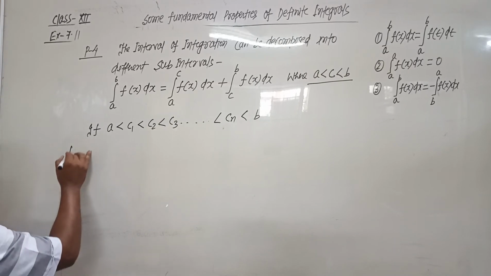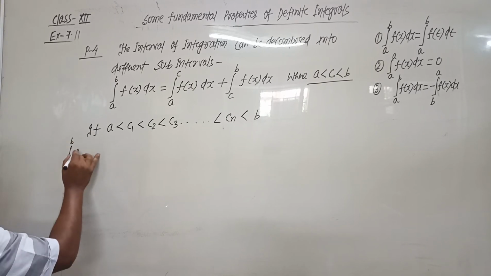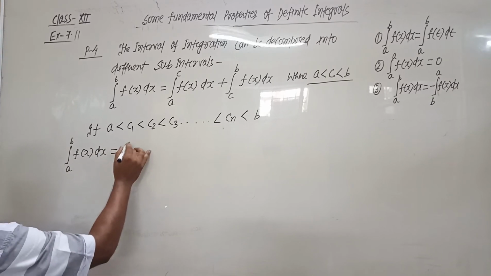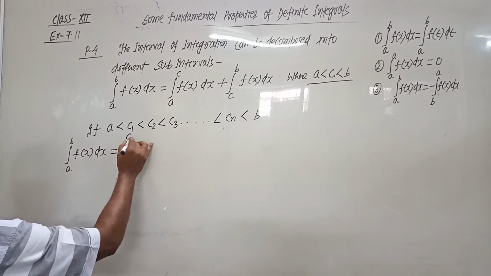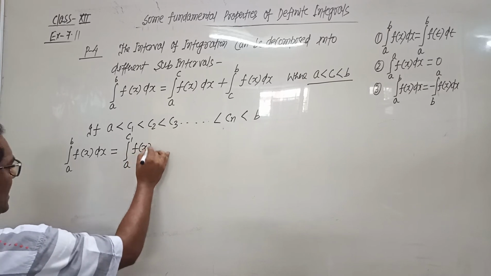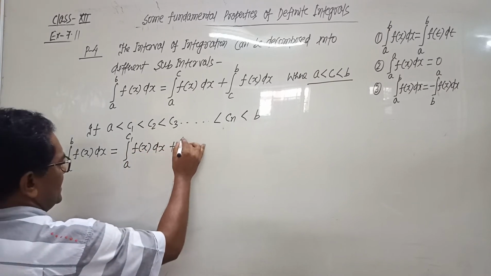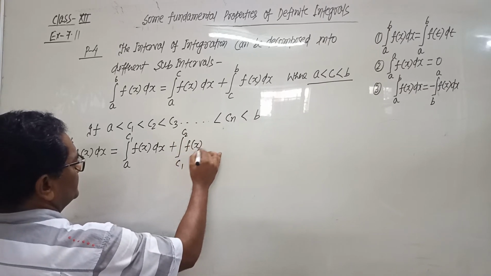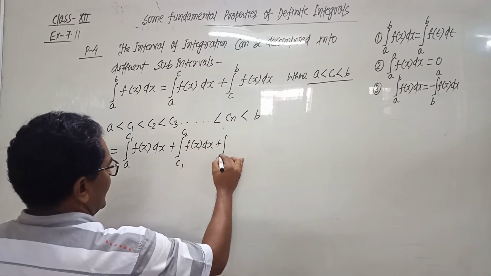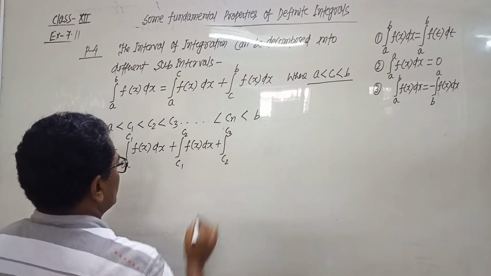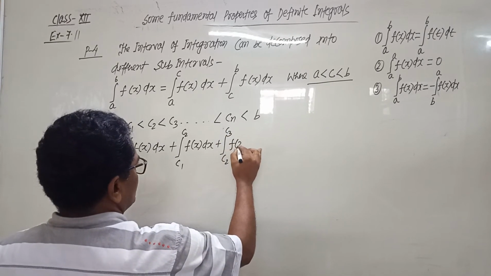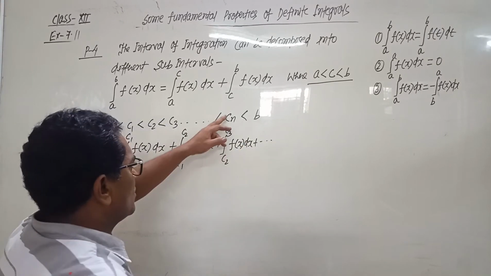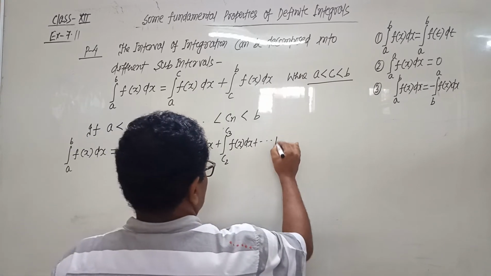So between a and b, if there are so many intervals, then integration a to b f x dx can be decomposed into several integrals like integration limit a to c1 f x dx plus integral c1 to c2 f x dx plus integral c2 to c3 f x dx plus and so on, and before cn there is cn minus 1.